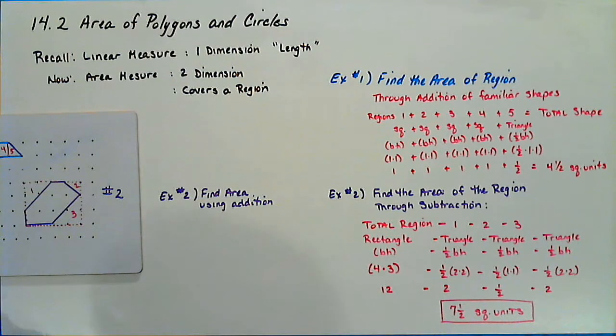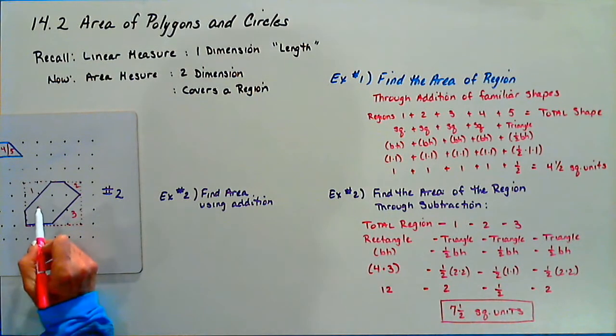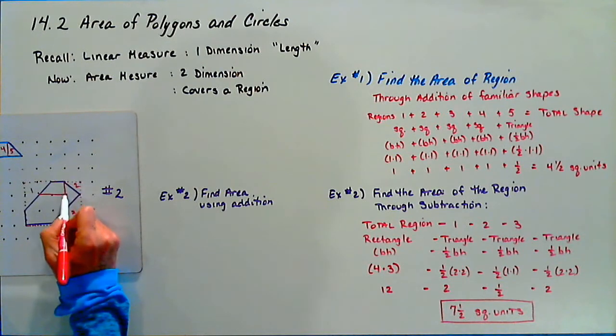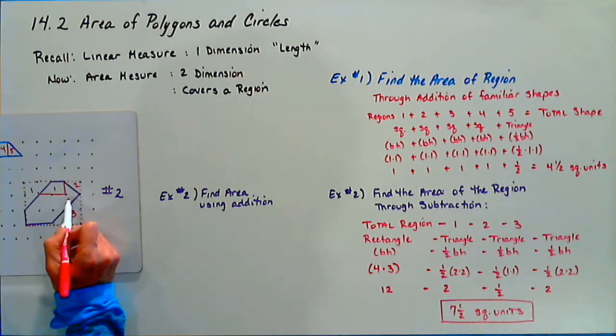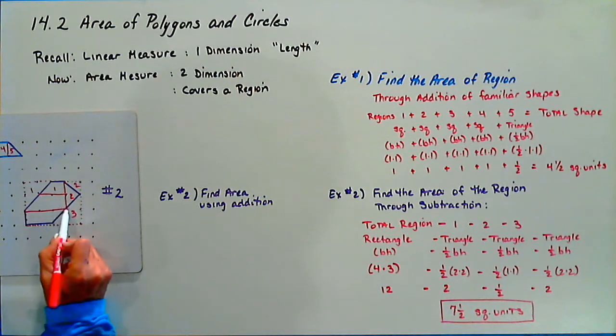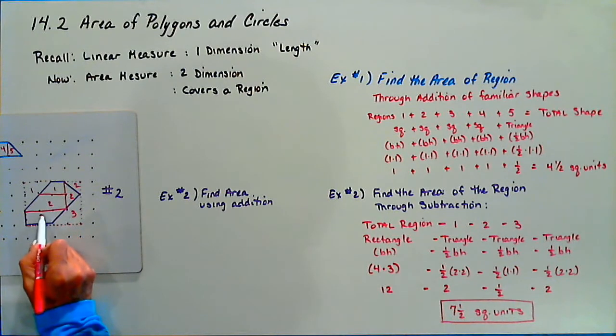So if I break these in, I'm just going to do this a little quicker and say, well, I have a trapezoid right here. I have a triangle right here. I have another trapezoid right here, and I have a third trapezoid.